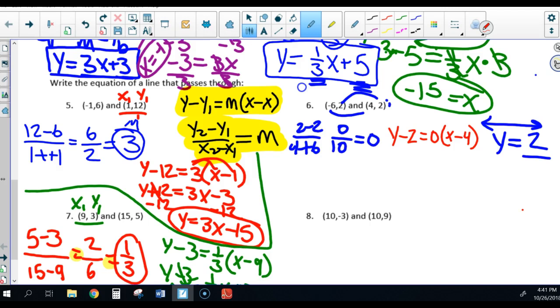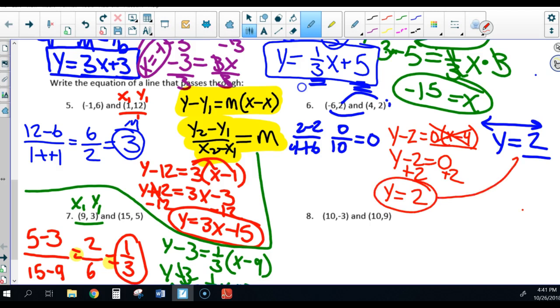Now 0 times anything is nothing. So y minus 2 equals 0. Get rid of the minus 2 by adding 2. You get y equals 2, which is what we had a while ago. So it seems like a special case, but it's normal.